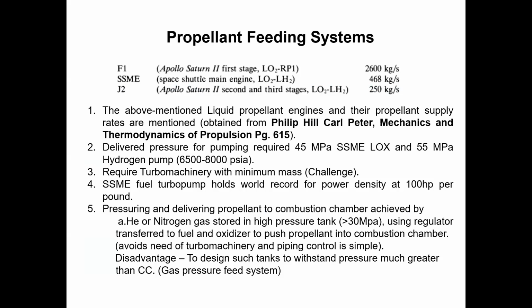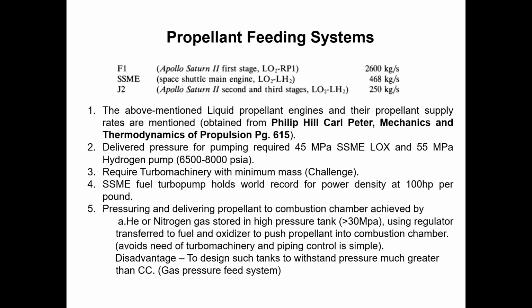As you can see, the delivery pressure for pumping this amount of mass flow rate for the SSME, the Space Shuttle Main Engine, was around 45 megapascals, which is an extreme amount of pressure. And for the hydrogen engine, it was 55 megapascals, which is somewhere around 6,500 or 8,000 psia.